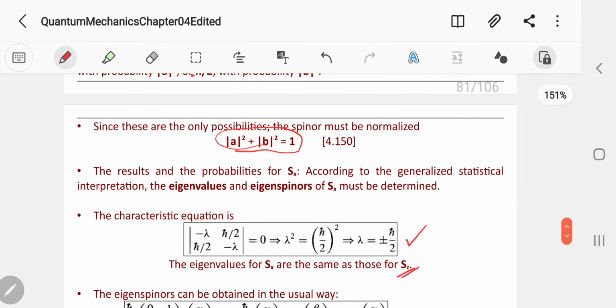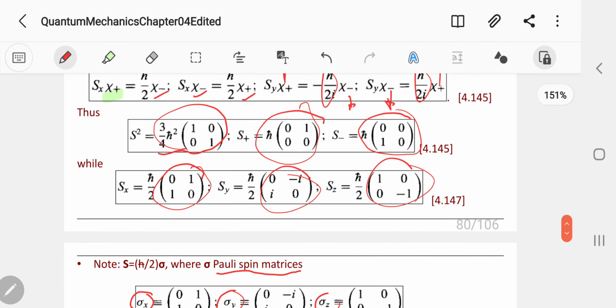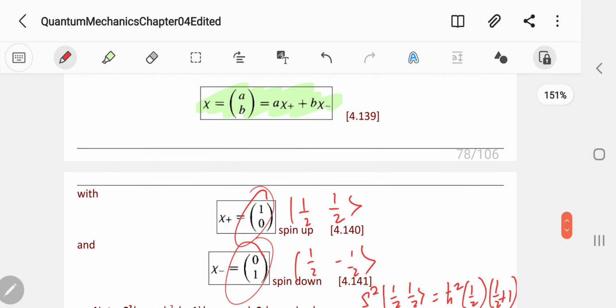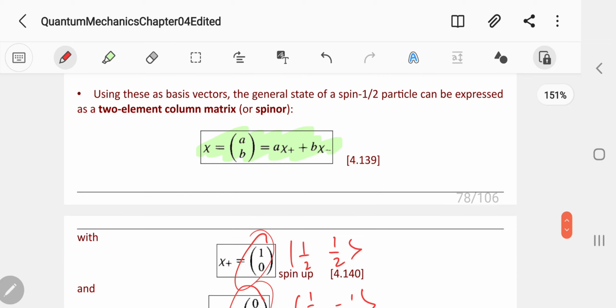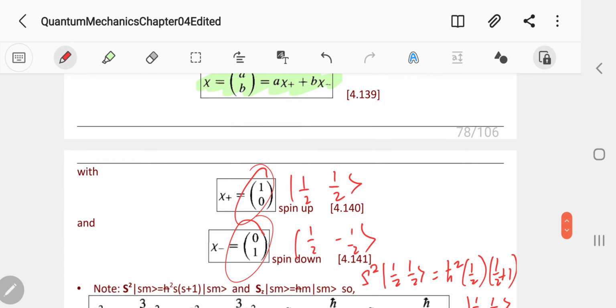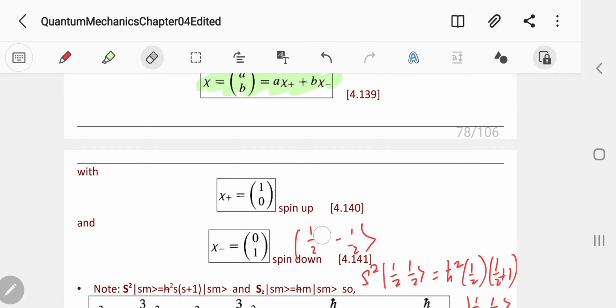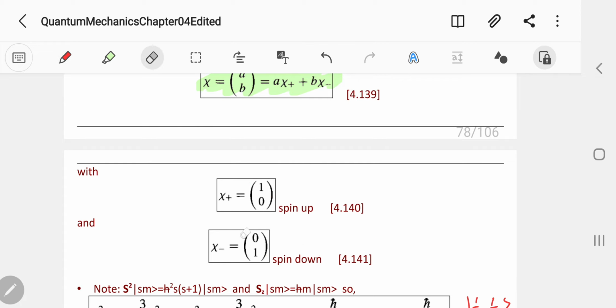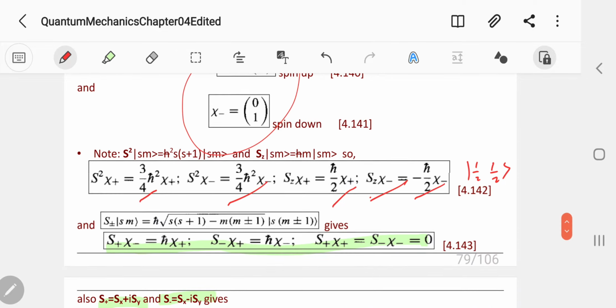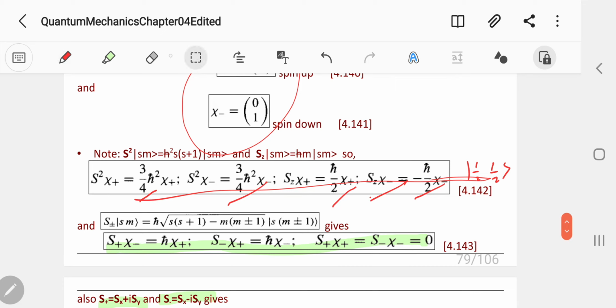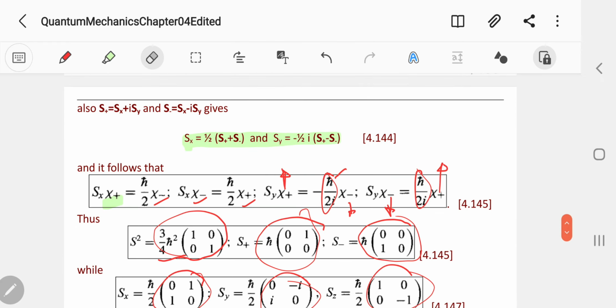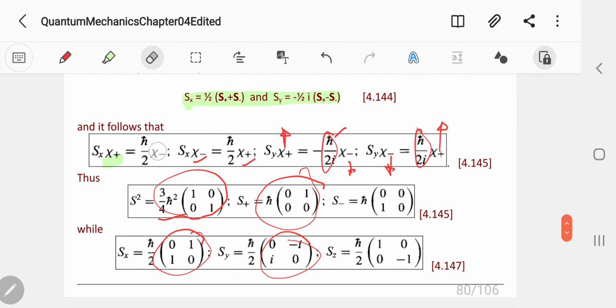Let's look at Sz, for example. Sz is this one. Here you can write it like this, like this state, but for Sx, you have to write it like this.